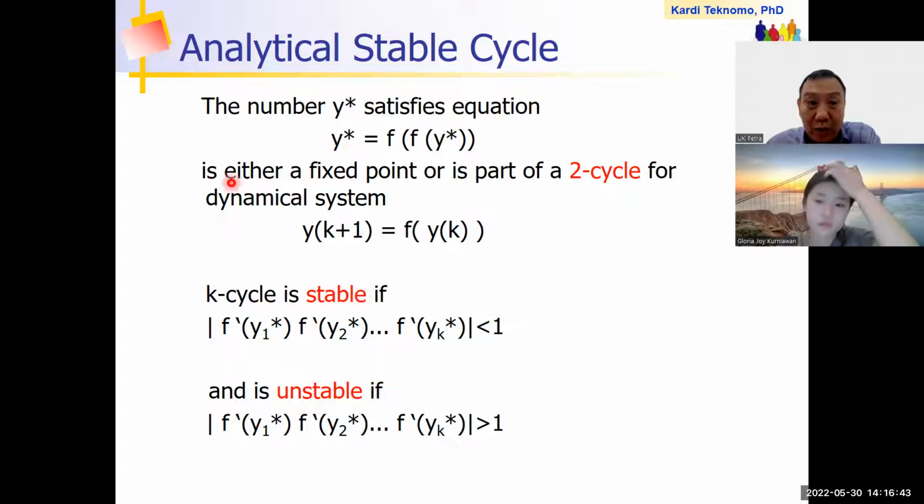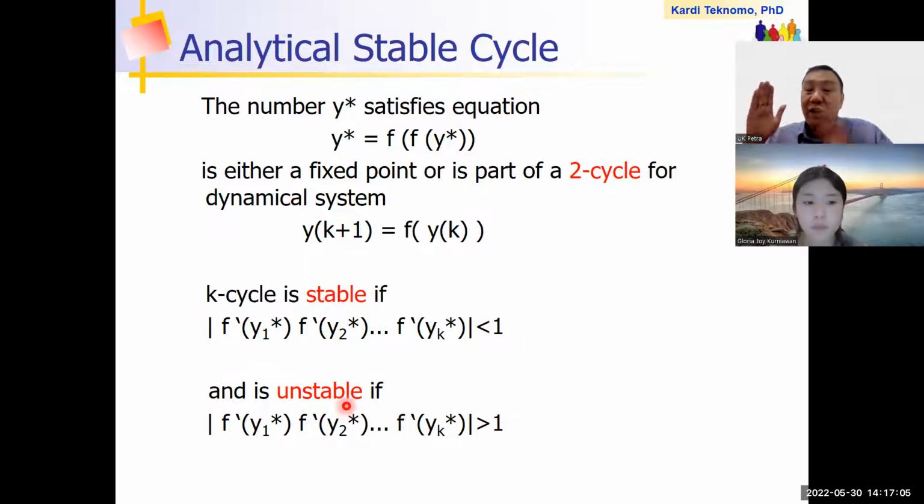To know that, again you put in all these values, the fixed points of the 2 cycle, and you multiply everything of the first derivative, and then you take the absolute value. If this is less than 1, it's stable. Otherwise, if larger than 1, it is unstable. Again, if exactly 1, we don't know.